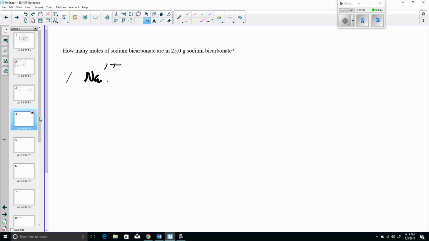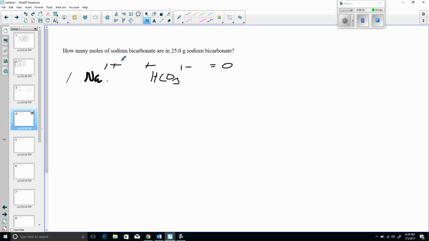So we come back here, and we see we have sodium with a 1+, and we also have HCO3 1-. Now that tells us that when we put these together, we have a 1+ charge and a 1- charge, and if we add these two charges together, we get 0.